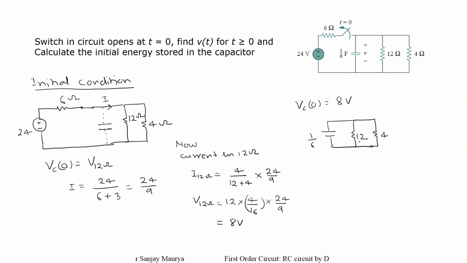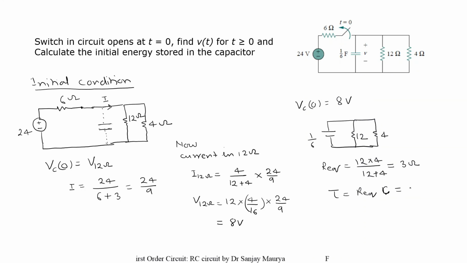I find that 12 and 4 ohm are connected in parallel. So R equivalent will be 12 into 4 divided by 12 plus 4, which is equal to 3 ohm. So tau equals R equivalent C, which is 3 into 1 by 6, so I get 1 by 2.